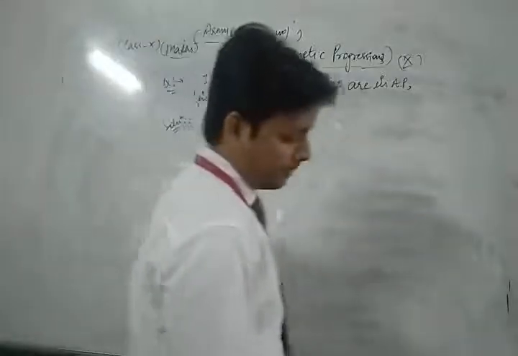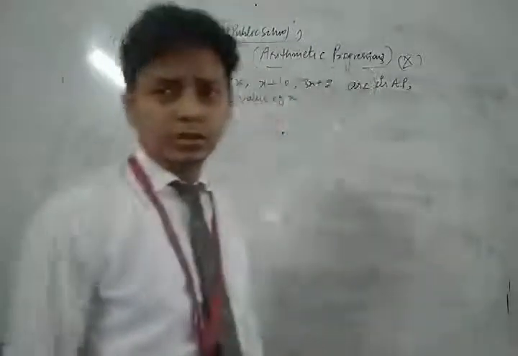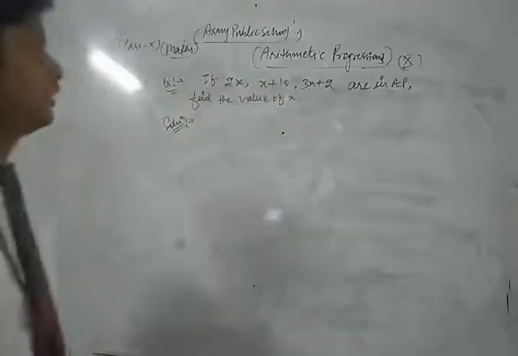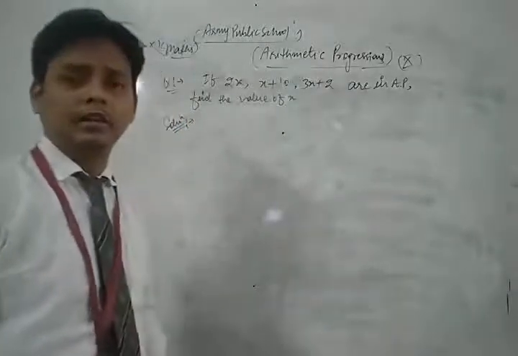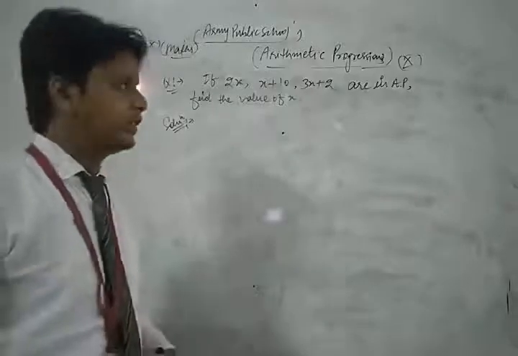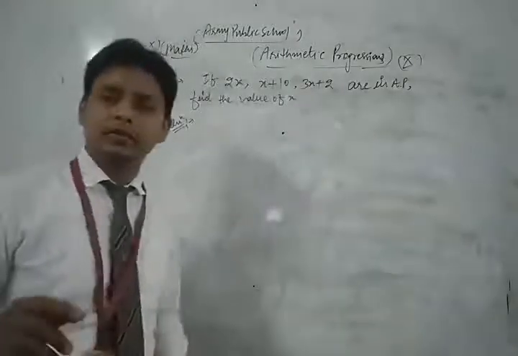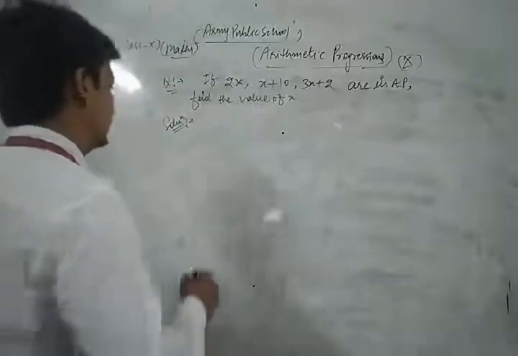Okay, this is a very important question related to that topic. If 2x, x plus 10, 3x plus 2 are in AP, just as I discussed about that topic, if three numbers are in AP, then their common difference will be the same, na? Okay, let's see.